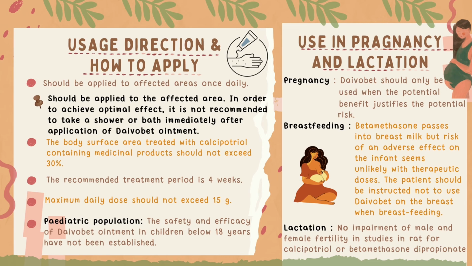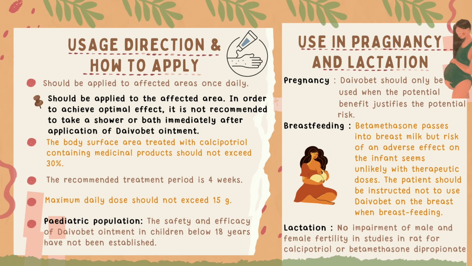For the pediatric population, the safety and efficacy of Divobat ointment in children below 18 years have not been established. Currently available data in children aged 12 to 17 years old are described under side effects and pharmacodynamics, but no recommendation on posology can be made. While for usage in pregnancy, there are no adequate data from the use of Divobat in pregnant women.